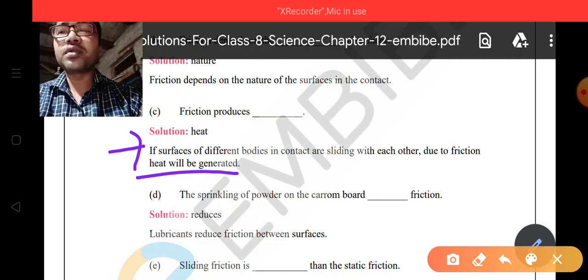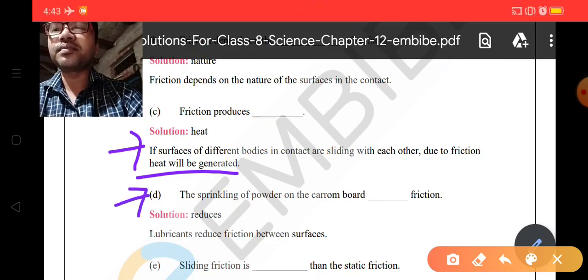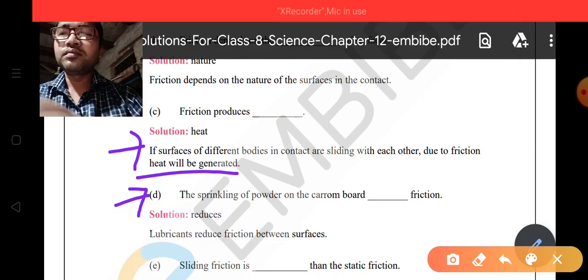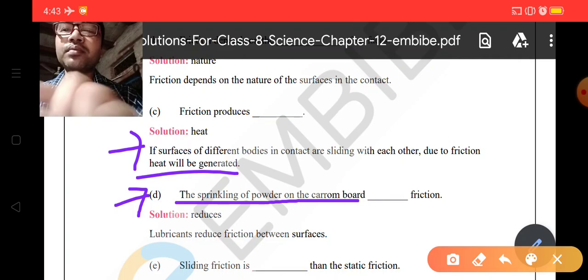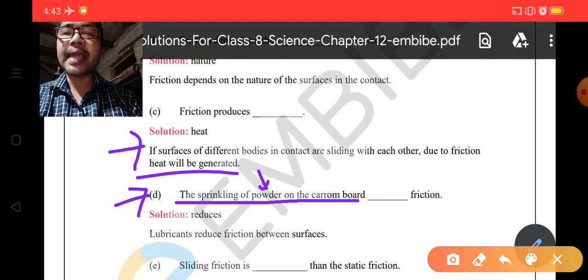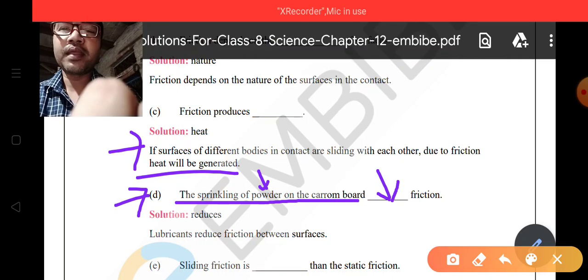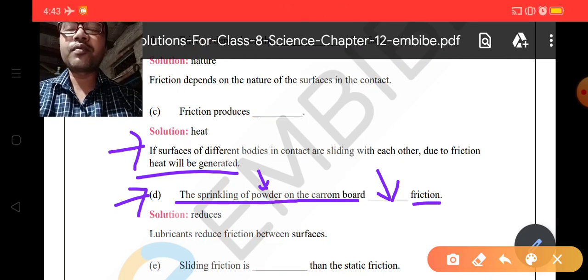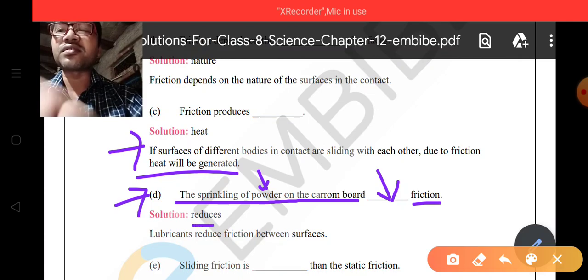Let's see the next one. This is the question: the sprinkling of powder on carom board, then you have to fill in something, and then friction. Now we have to fill in the correct answer, that is reduces.